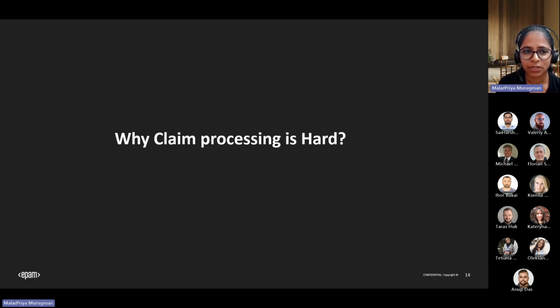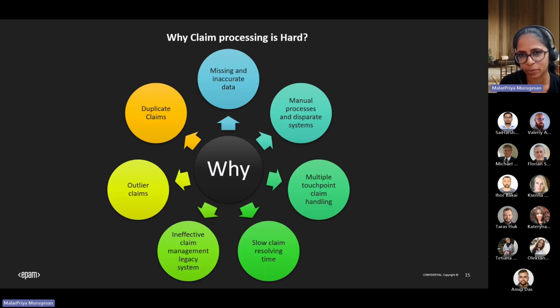So let me show you why claim processing is hard. As rightly stated, the first point is missing and inaccurate data. The second point is manual processes and disparate systems. When you have a lot of manual processes, a lot of glitches can happen, though you are an experienced person.